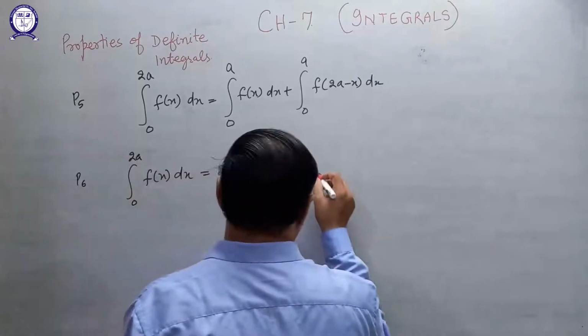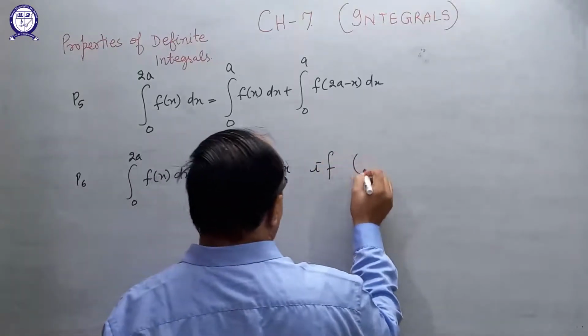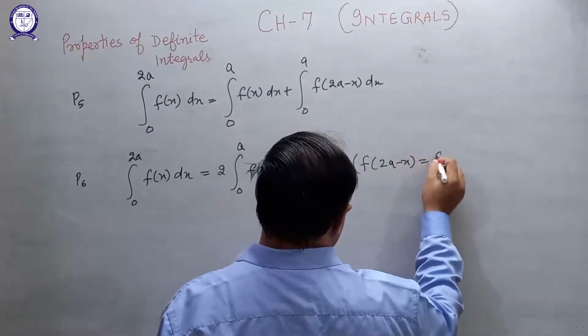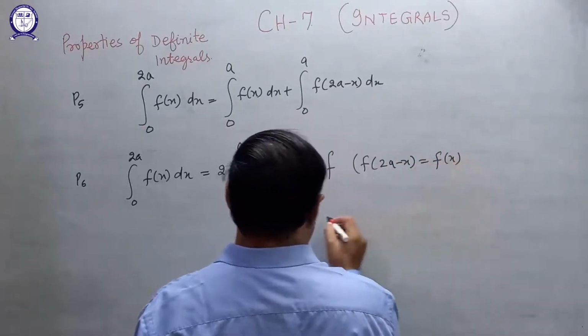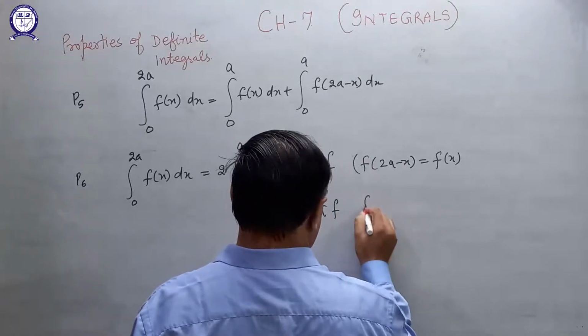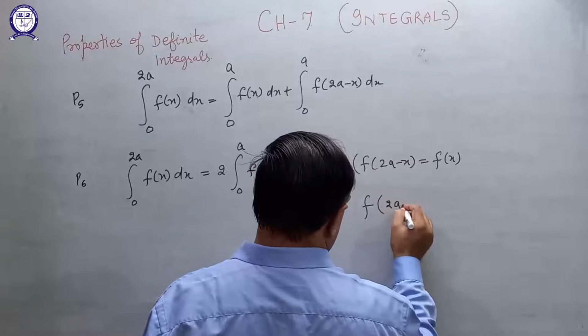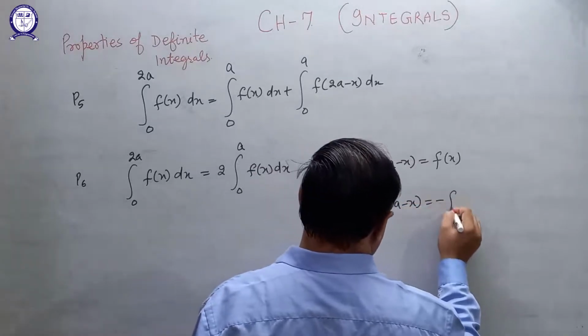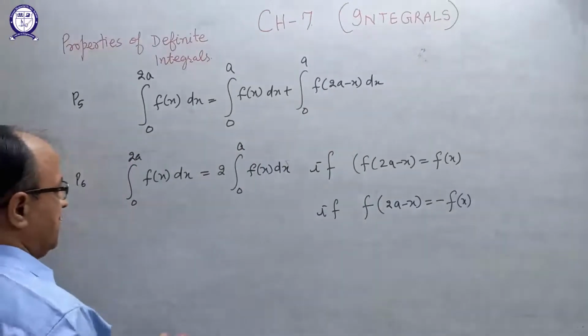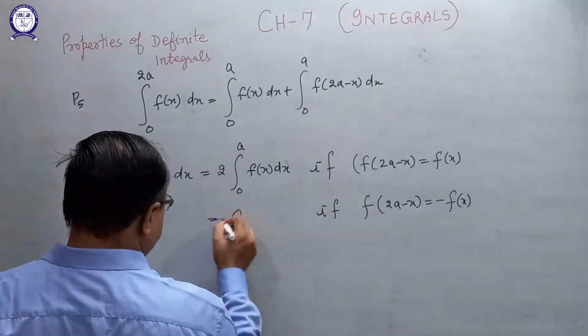This is a conditional property. If f of 2a minus x is equal to f of x, then it is twice 0 to a. And if f of 2a minus x is equal to minus f of x, then you can say this is equal to 0.